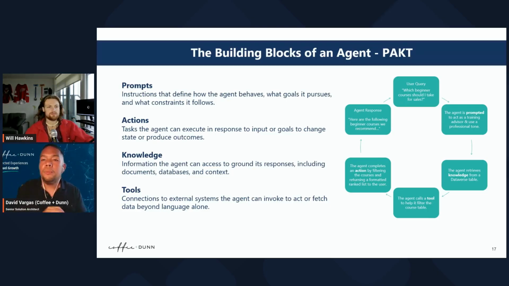The agent calls a tool to help it filter the course table because the user query says, which beginner courses should I take for sales, right? So it's not going to just give any course, but specific courses relevant to the query that was asked.